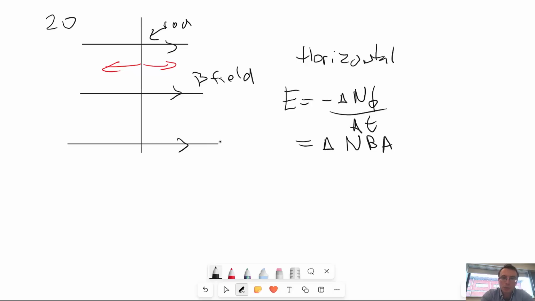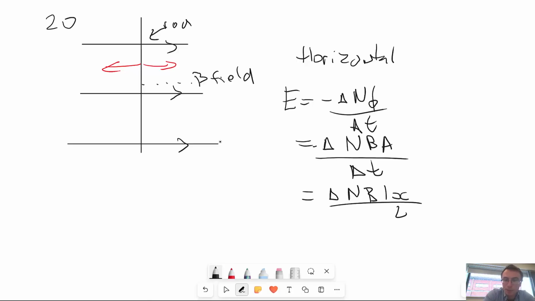Now in this case theta is 0 because the normal is just going to be parallel, so we can ignore the cosine term, with a little minus sign here, over delta t. Okay, so what we can say then is that out of all of these, well actually let's express the area as a multiple of 2 dimensions. One will be just the length of the rod, and then the other one will just be how much it has traveled divided by t.